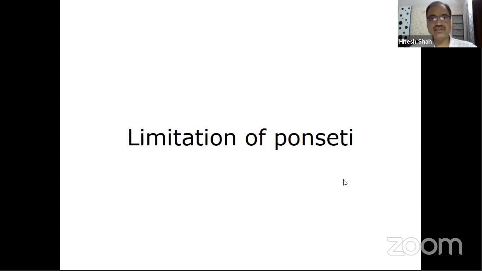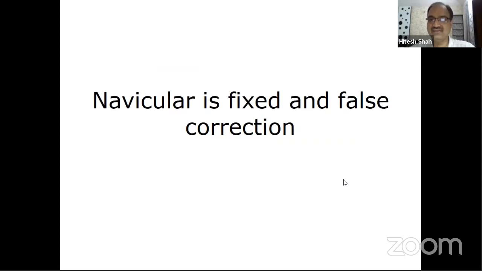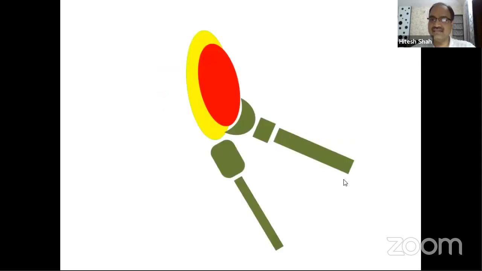Few points on the limitations of Ponseti. It is rare. I like to say that 95% will get a good result with the serial manipulation and casting. But it is also important to understand the 5% where we are not getting a result. What is the reason for that? If the navicular is fixed, there will be a problem with correction.